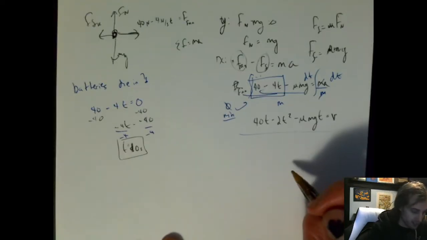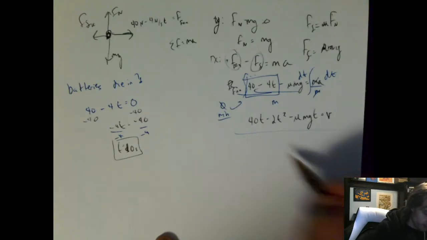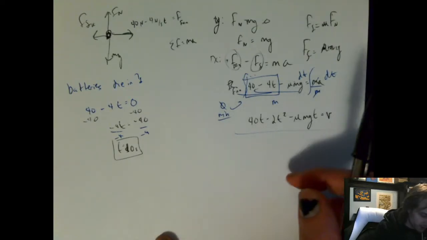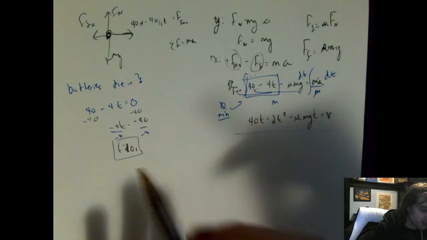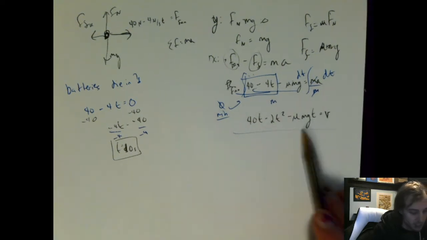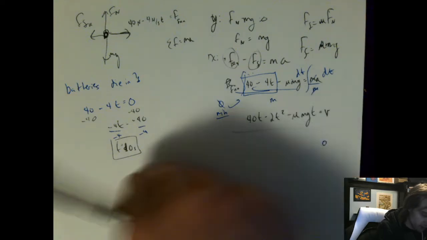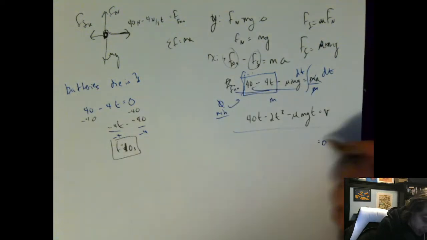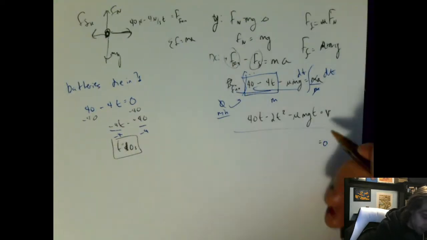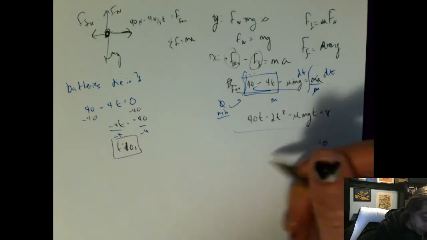We can take those 10 seconds and plug them in over here. And this is going to be useful because if the time we get when we set our velocity equal to 0, the time when it stops, is bigger than 10, then we know we've gone too far.